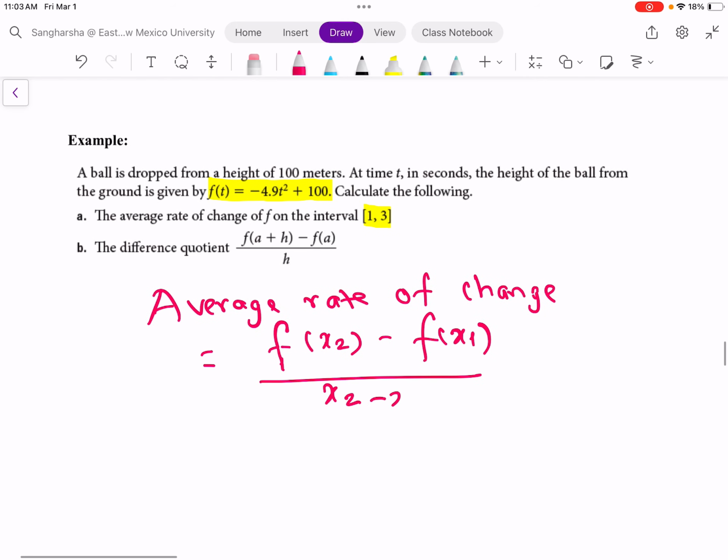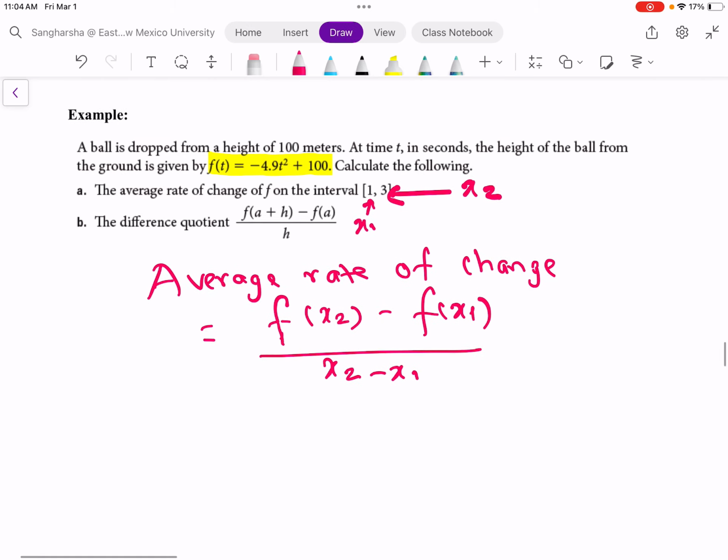Let's call 1 x1 and 3 x2. So our x1 is 1 and x2 is 3. Now we find f of x2, find f of x1, and substitute.